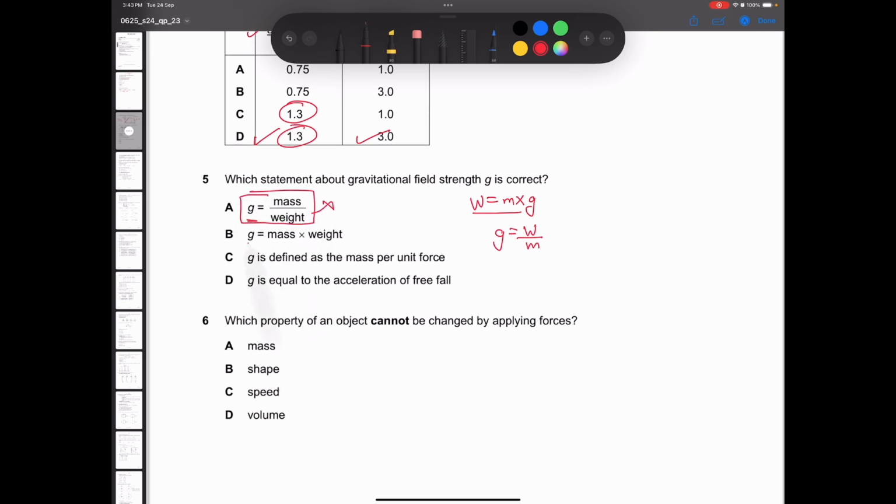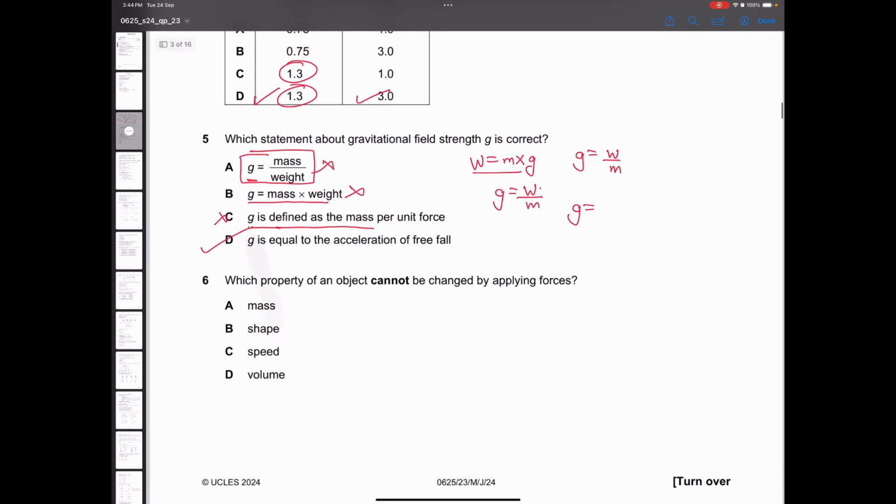Now they're saying gravitational field strength is mass into weight. Gravitational field strength is weight over mass, not mass into weight. This is also incorrect. Gravitational field strength is defined as mass per unit force. So they are saying it is mass per unit force. No, it is newtons per unit mass. So this is also incorrect. Option D will be the correct one.